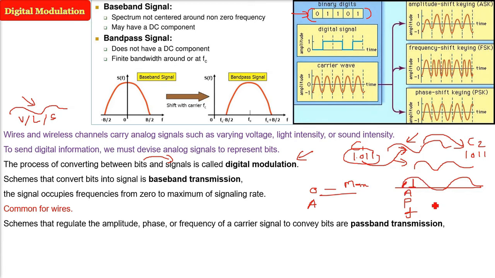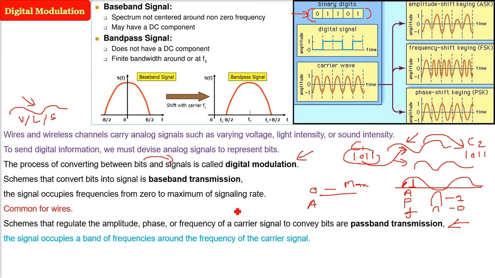You understood the difference between baseband transmission and passband transmission? These are the schemes where we are varying the amplitude, phase and frequency of the carrier signal in order to represent the bits. In passband or bandpass transmission, the signal will occupy a band of frequencies around a central frequency, and this frequency will be of the carrier signal.